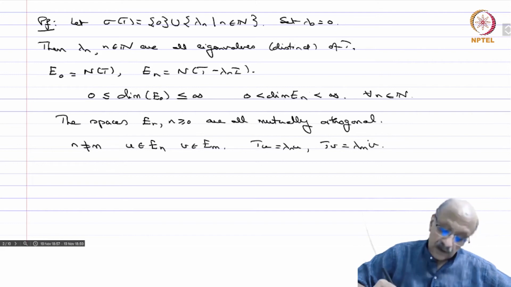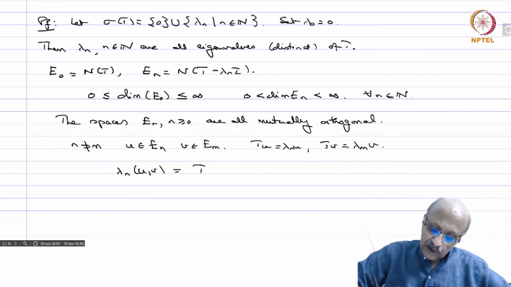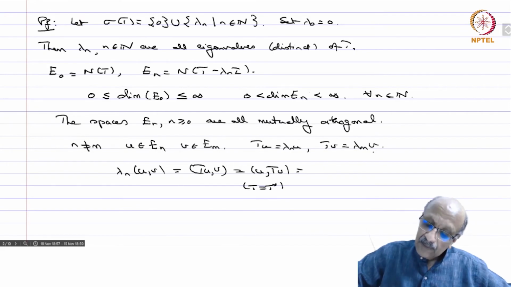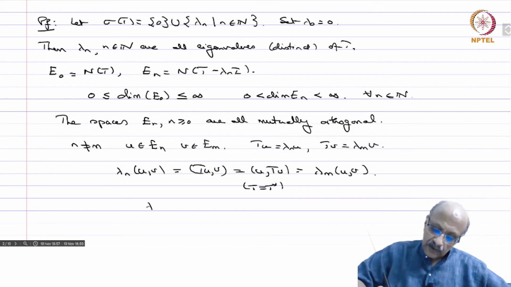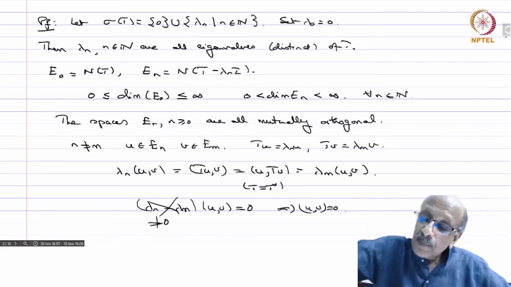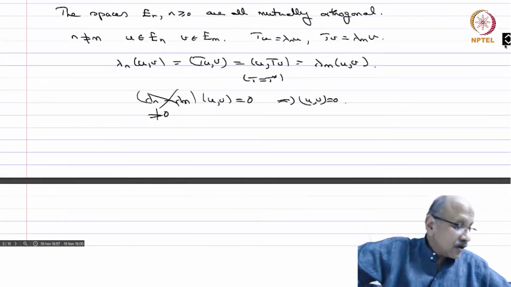Then lambda_n times (u, v) is equal to (Tu, v). This is (u, Tv) because T equals T star, and that's equal to lambda_m times (u, v), and lambda_m is real, so it will come out. So (lambda_n minus lambda_m)(u, v) equal to 0, and this is not 0, and therefore you have that (u, v) equal to 0. So all these spaces are mutually orthogonal to each other.